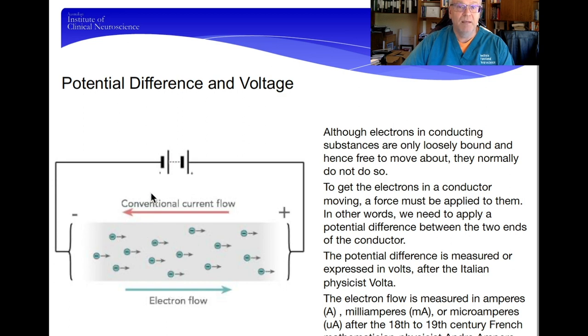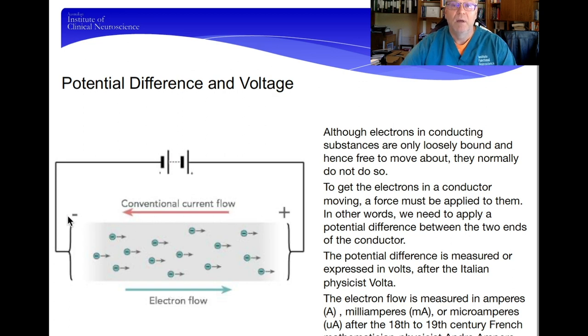Let me say that again. Here's our battery. It's supplying a voltage difference. Here we have a positive differential, here we have a negative differential. That potential difference is causing the electrons to move from the cathode to the anode, and that electron motion is producing a current. The current flows from the positive to the negative, or from the anode to the cathode.